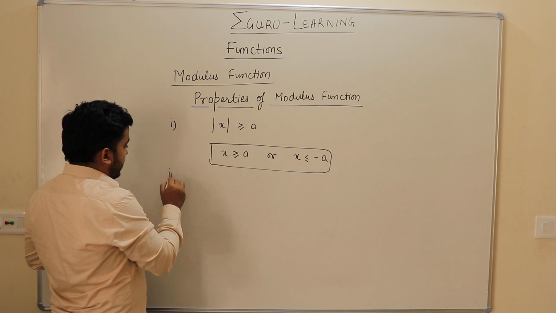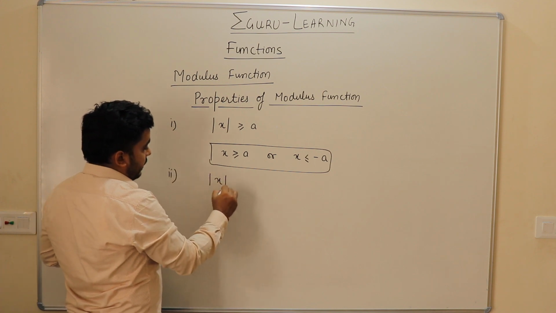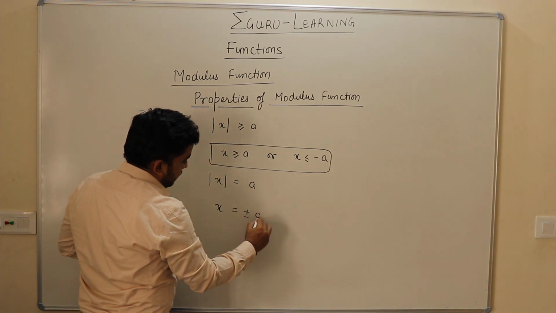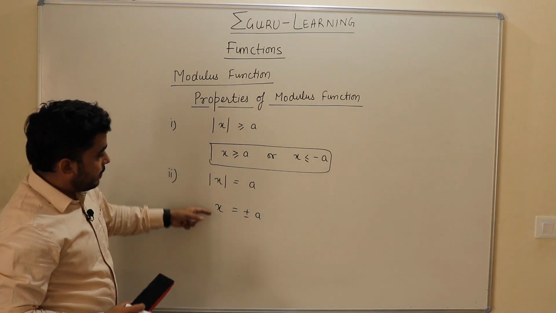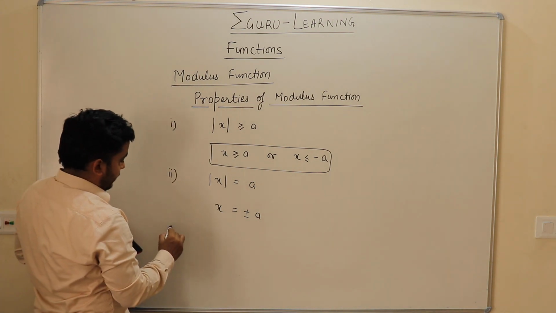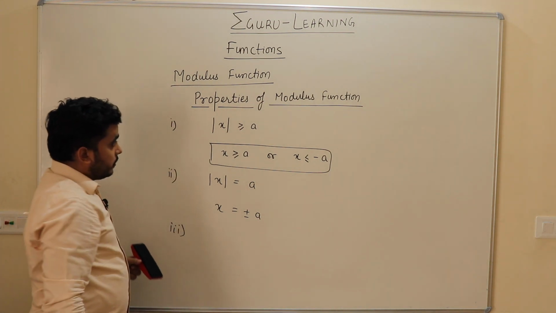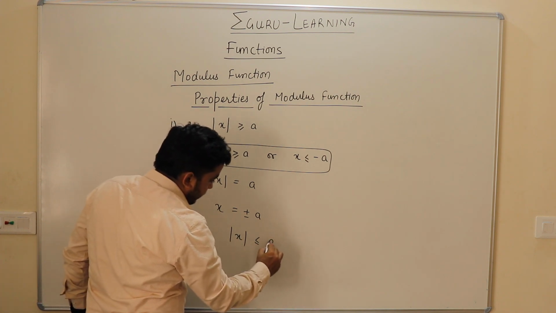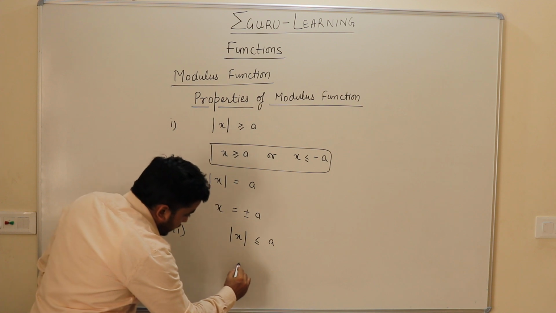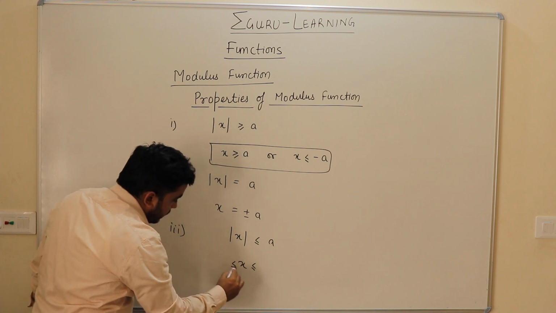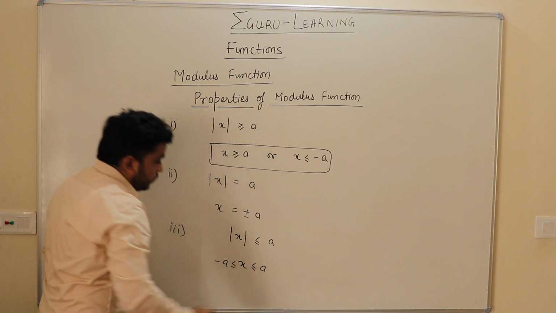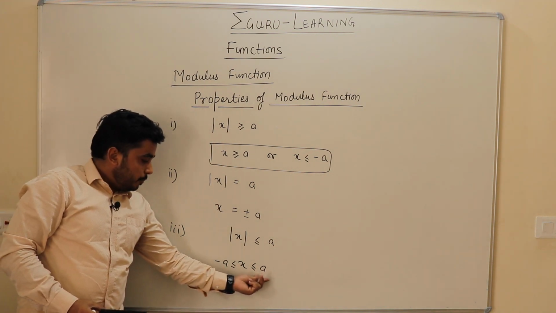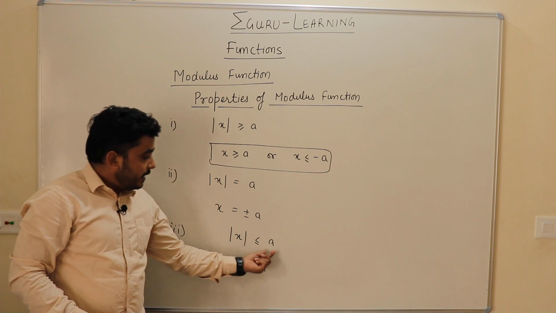Now let us talk about the second property. Let's say if we are given mod x is equal to a, then we can open this with x equals plus or minus a. This is the very basic property that we should take at the first point. Now the third one is when mod x is less than a. That means x will lie in the region minus a to a. So here x will be from minus a to plus a when mod x is less than a.